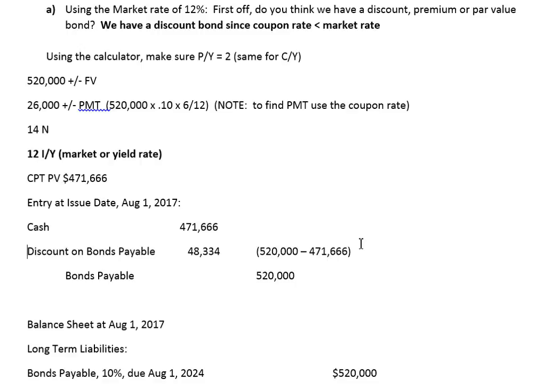The discount, as we said once before, is a debit balance account. That's its normal balance. And we also said that it's a contra liability, meaning its normal balance is opposite to the bond payable. The bond payable has a normal balance of credit. The discount has a balance of debit when you set it up.